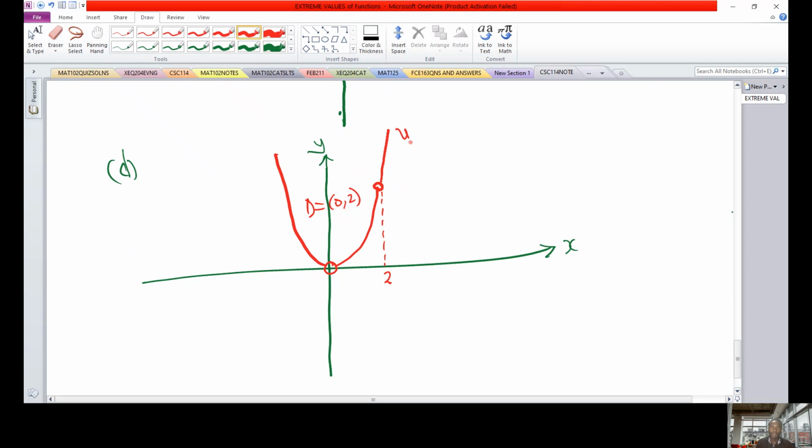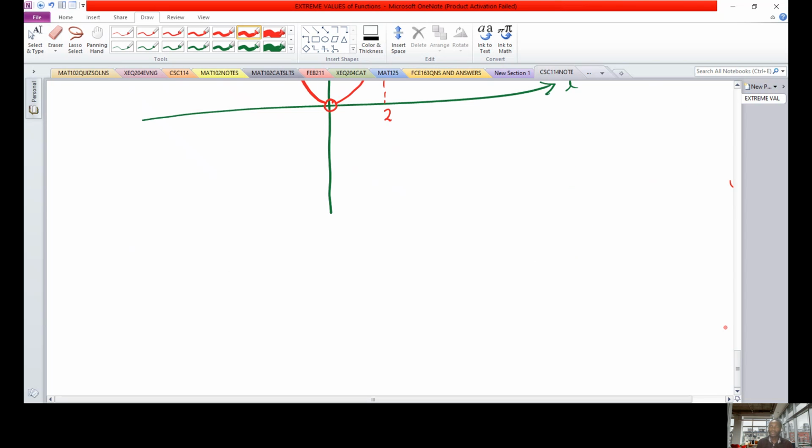This is the curve y equals x squared, so no maximum nor minimum. So that's what we have. It tells you that the domain of a function determines whether it has a maximum or a minimum, and having the same function does not necessarily mean that they have the same points of maximum and minimum.